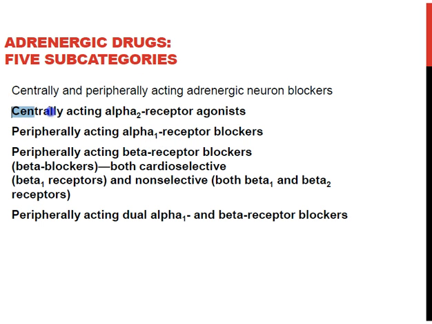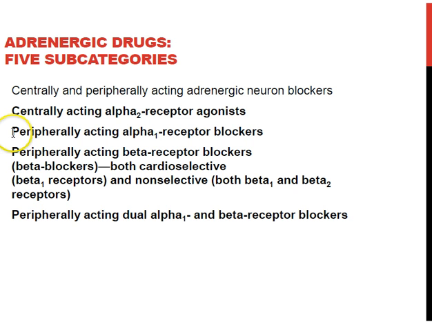So we have centrally acting alpha receptor agonists. Okay, so we think about the alpha receptors. These are centrally acting, meaning that they act in the brain and they make the alpha receptors work. You would think that they would cause vasodilation, but they actually cause vasoconstriction.